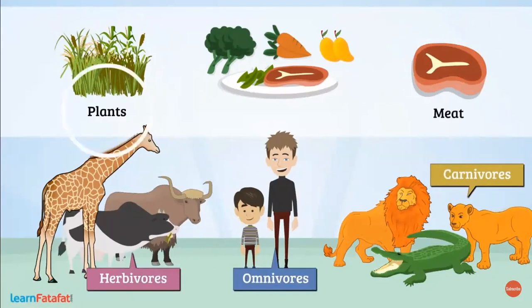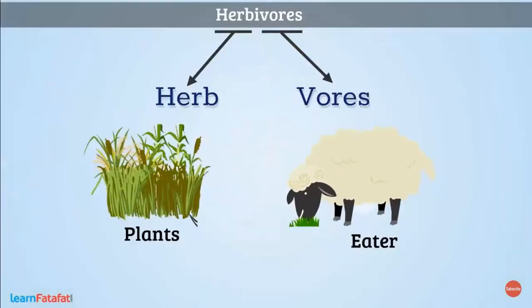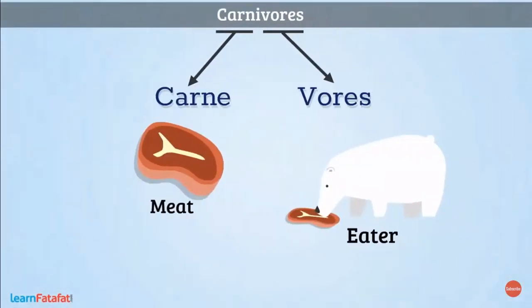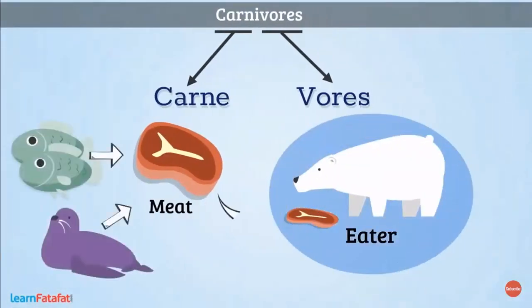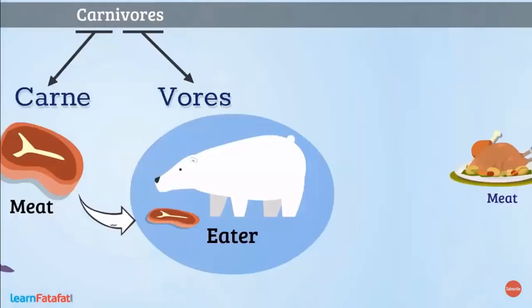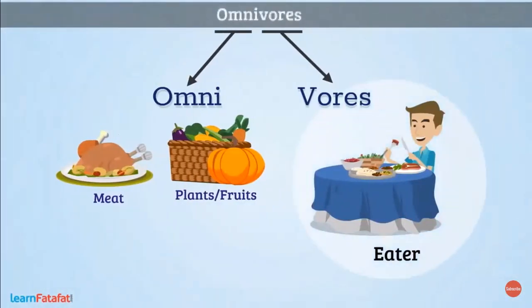Different animals have different food. Those which eat only plants are herbivorous animals. Those who eat other animals are carnivorous. And those who eat both plants as well as other animals are omnivorous.